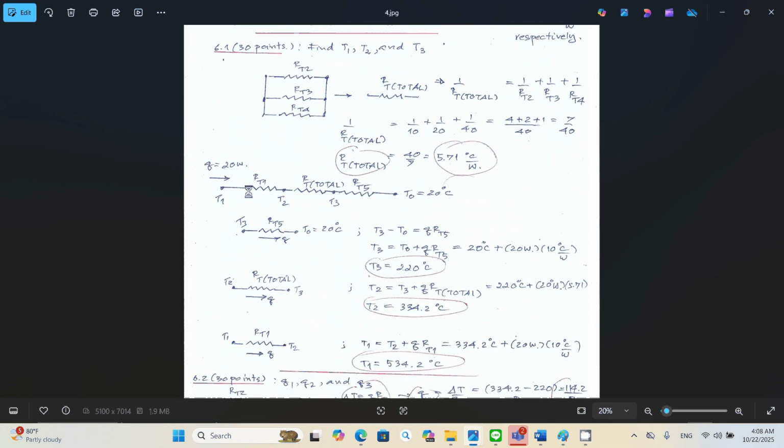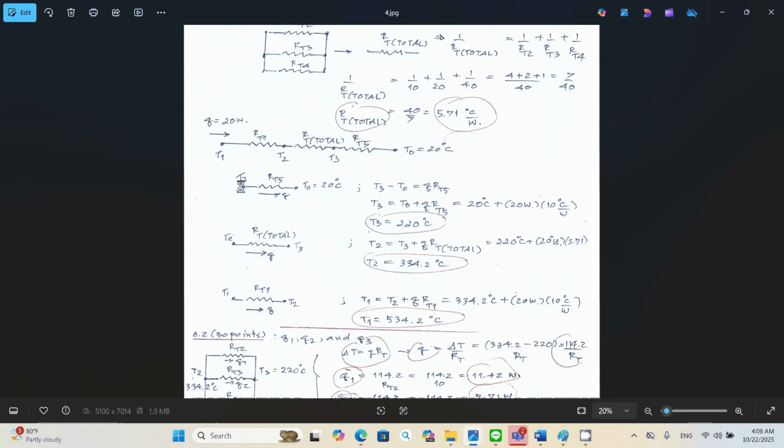And now your thermal resistance network is in a series arrangement. Let's look for T3, T2, and T1 by applying delta T equal to QRT. You pick up this one, that's the heat dissipation flowing across RT5.